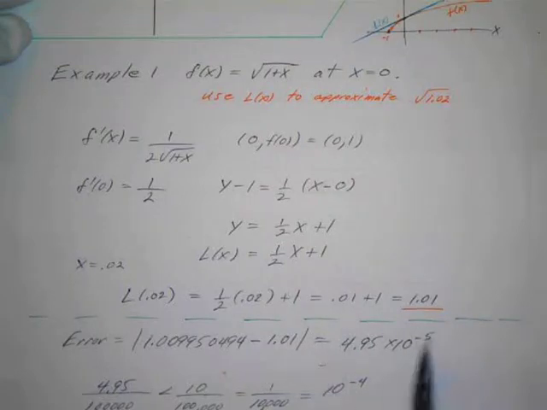Now what does that tell us about the error? Well, this is a little error technique. We would write 4.95 over, and then 10 to the minus 5, that's 1 over 1 with 5 zeros, so I have 1, 2, 3, 4, 5 zeros. Now when we're doing these error approximations, this is the way you handle it. 4.95 is less than 10.